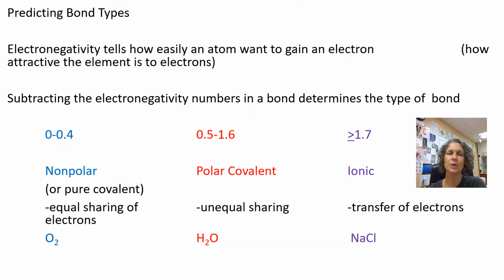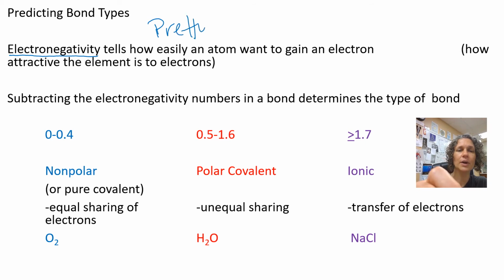Okay, so now predicting bond types. This depends on electronegativity. When we talked about the periodic trends, electronegativity tells you how easily an atom wants to gain an electron, or how attractive the element is to the electrons. Remember, fluorine has the highest electronegativity.